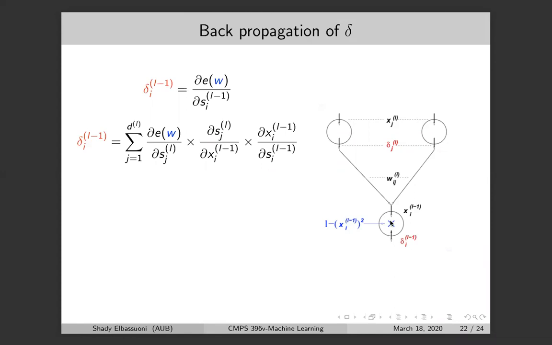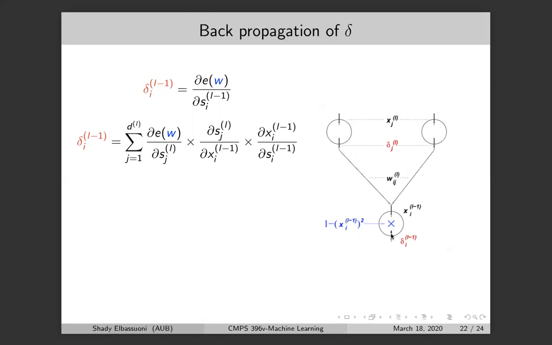So I want to back propagate the error from layer L to layer L minus 1. Like I do signal from layer L minus 1 to layer L, I do the opposite: back propagate the delta from layer L to layer L minus 1.